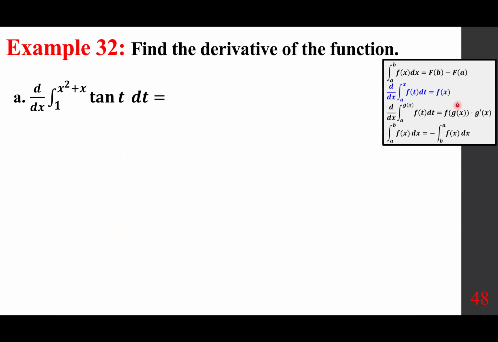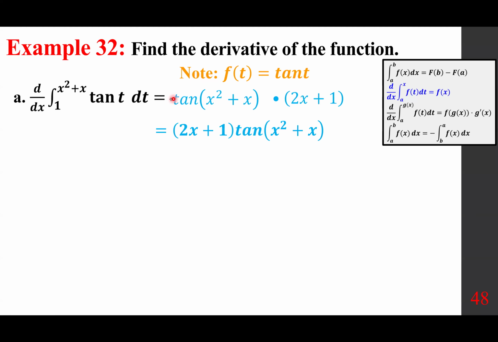So f of g of x. The function is tan t, so replace the t with x squared plus x, then times its derivative, which is 2x plus 1. Put the 2x plus 1 in front, and you're done.